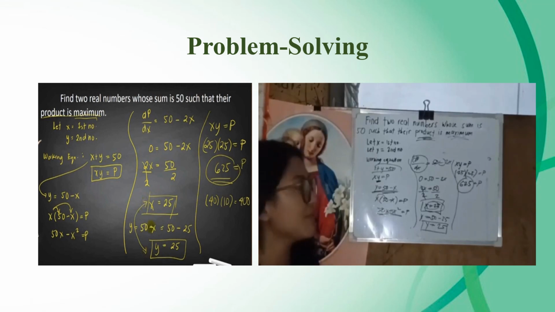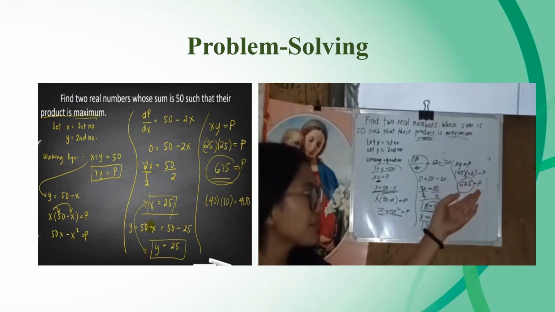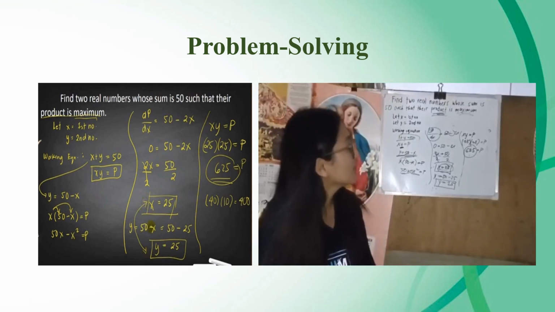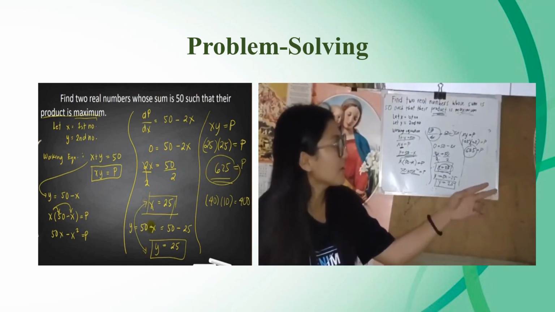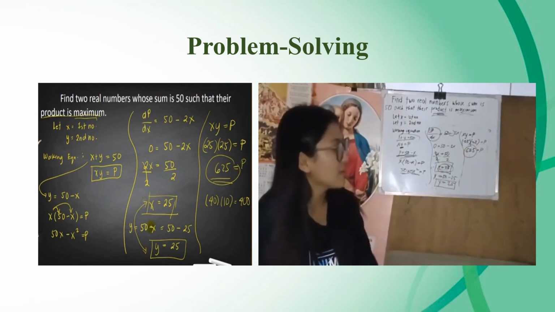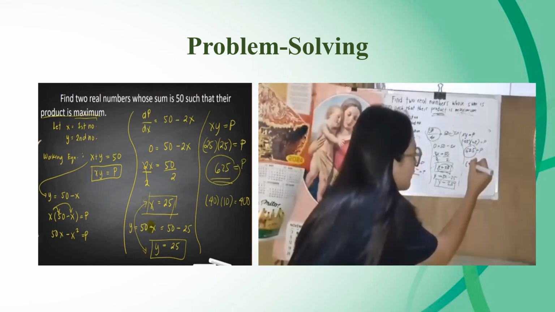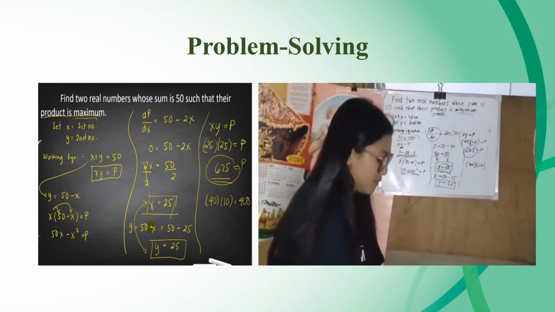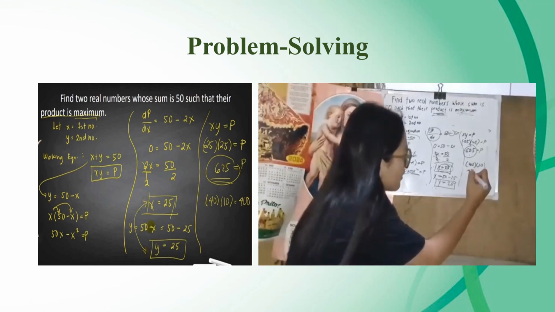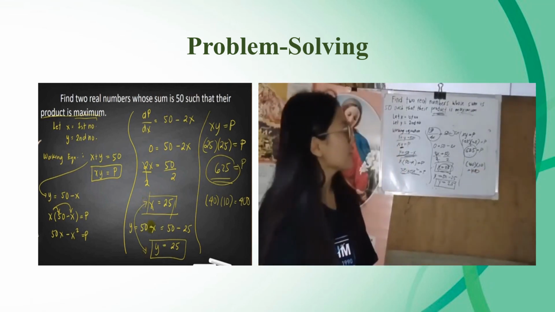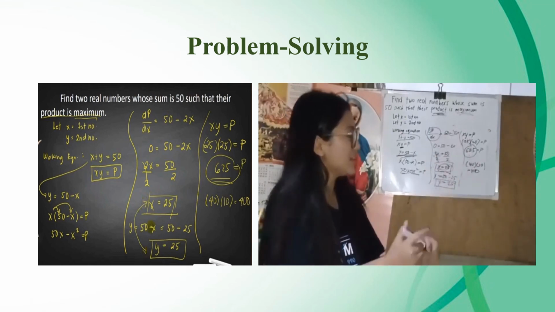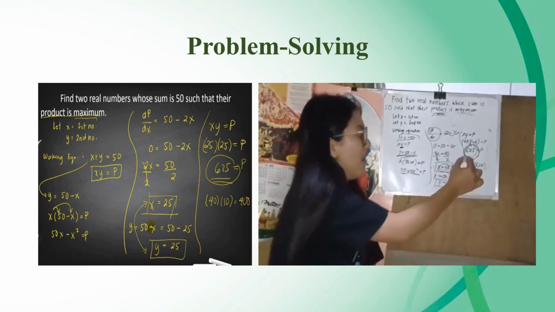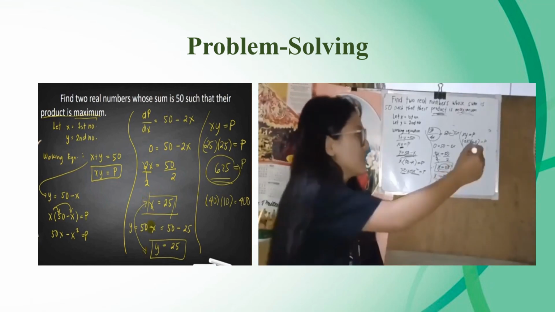So to check if it is the maximum product, we look for another pair of numbers whose sum is 50. For example, 40 times 10 is equal to 400. Since we are looking for the maximum product, 625 is larger. So this is the answer. This is the check.